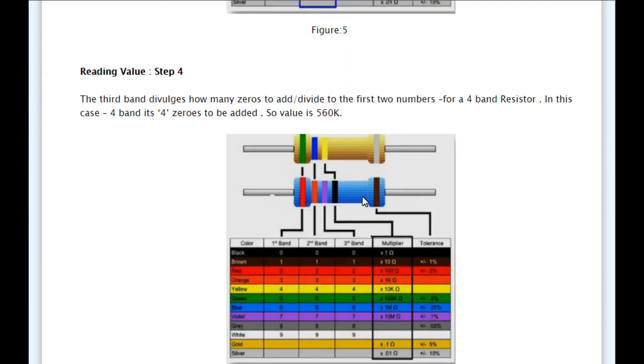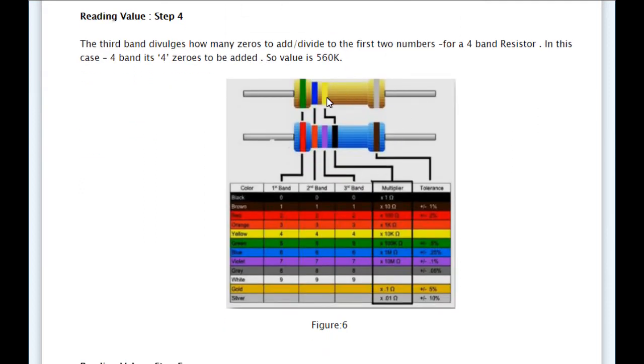Now go to the fourth step, the multiplier. Your third band is taken as the multiplier. It is yellow in color, so according to the color table, your multiplier value is 4. Yellow represents 4, and as it is in the third band, you take it as 10 to the power 4.